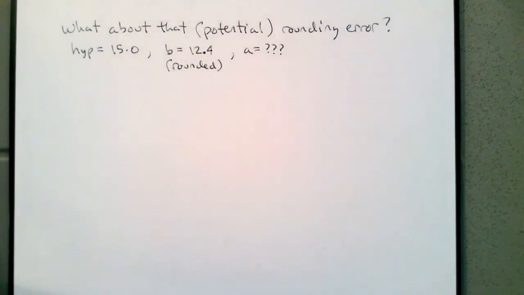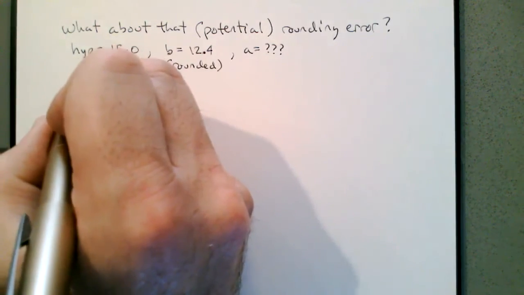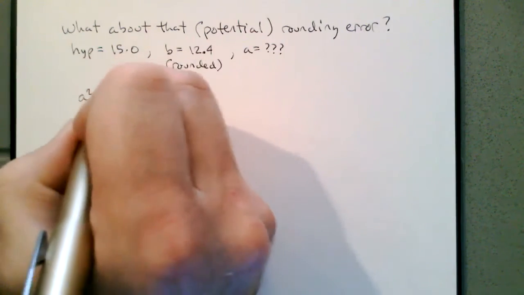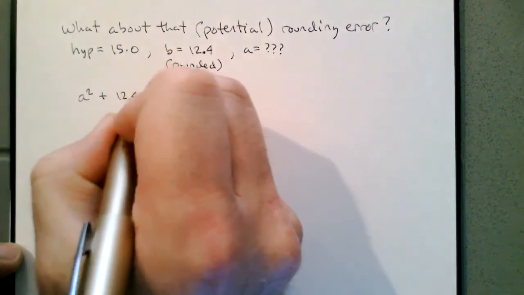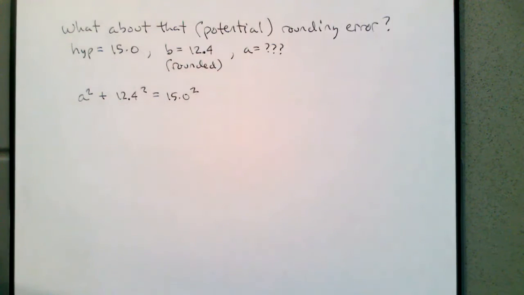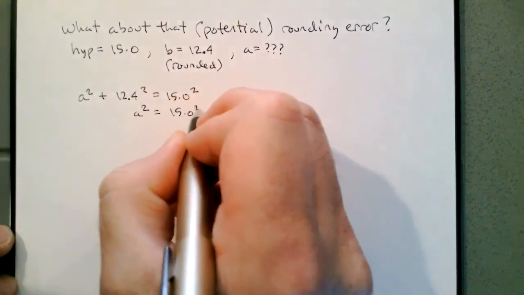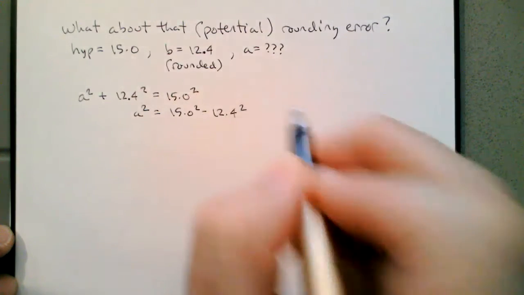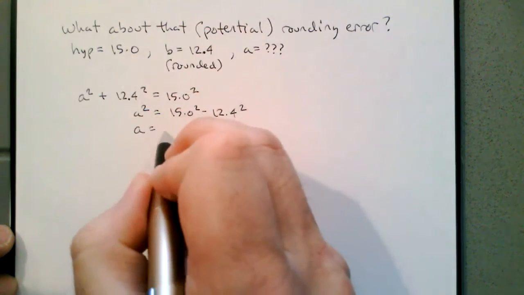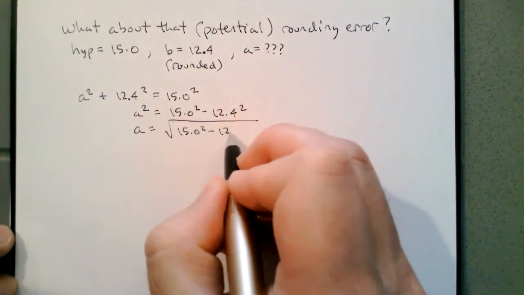Remember, we're looking for 8.4 for side A. So I'm going to take A squared plus 12.4 squared equals 15 squared. So A squared will be 15 squared minus 12.4 squared. And so A is just going to be the square root of 15 squared minus 12.4 squared.